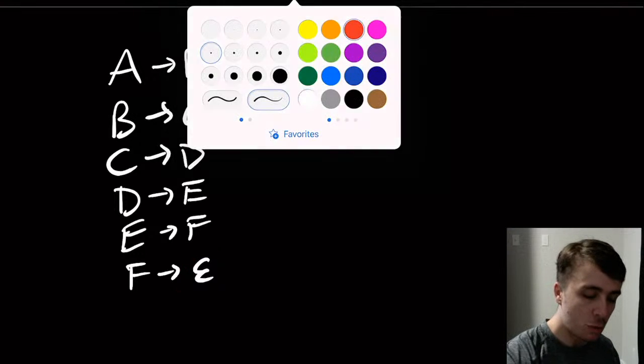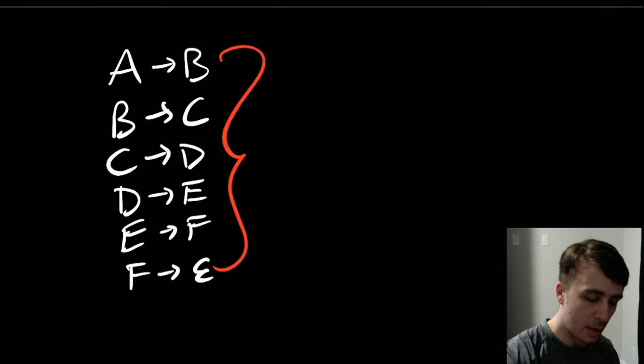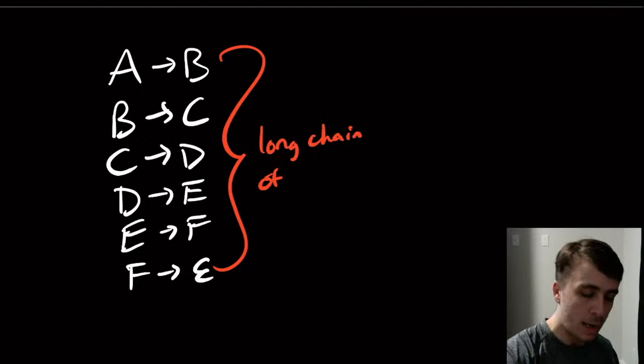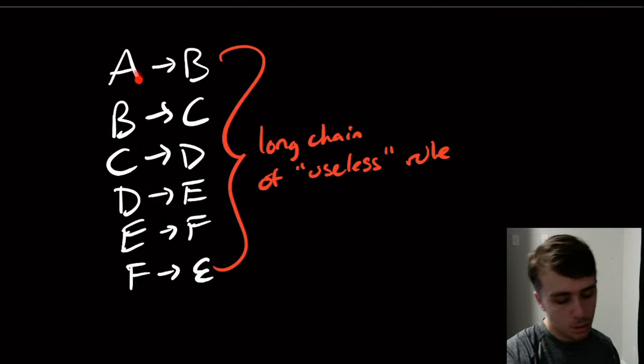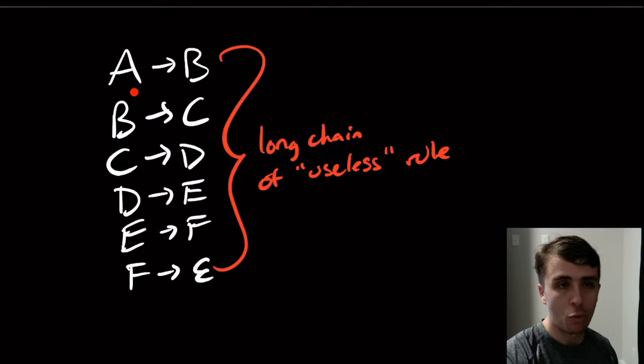So we have this really, really long chain of what I call a useless rule. Because you can say, well, you're going to make the empty string way down here anyway. Why don't you just make it way up here and avoid this long chain?